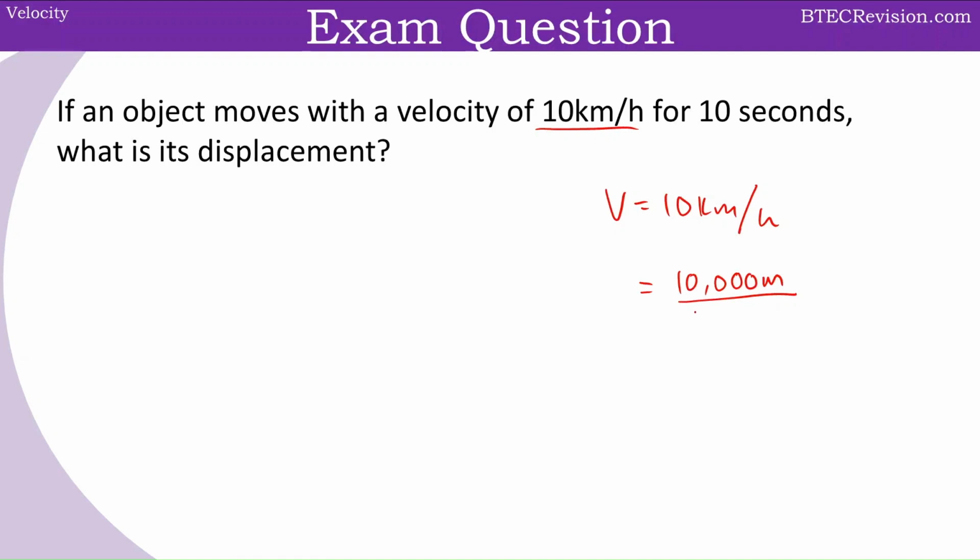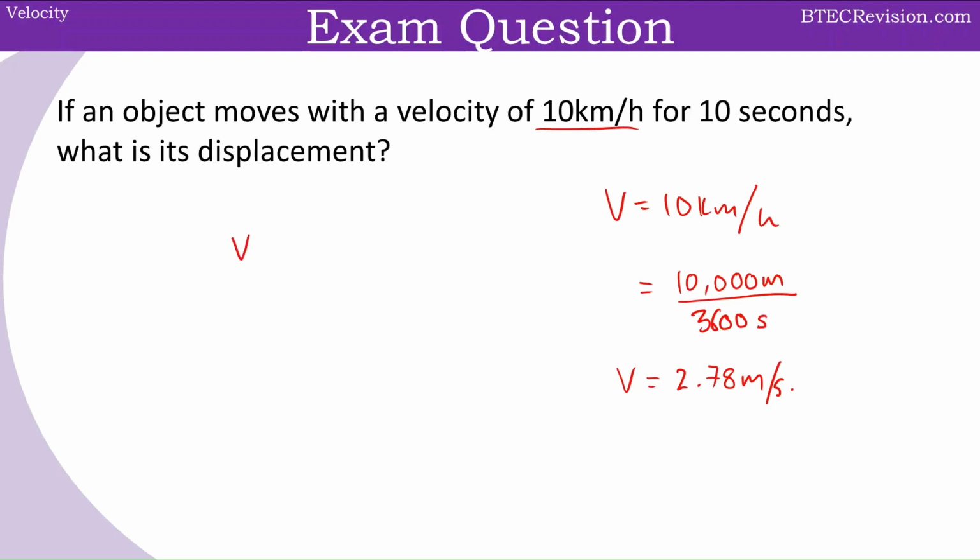So that's 60 times 60, which is 3,600 seconds. And that would give us a value of 2.78 meters per second. Okay, now we have the velocity in the correct form.